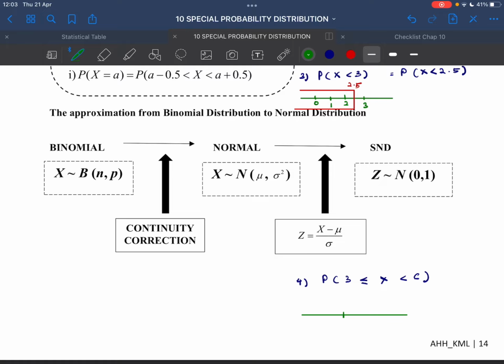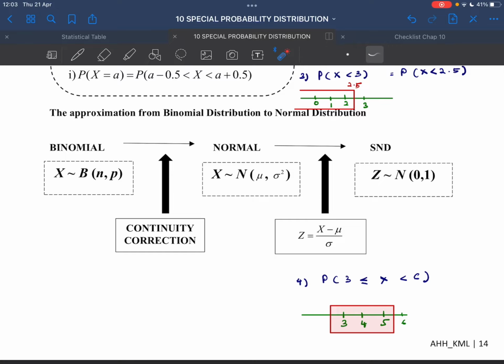What is inside the probability that you want? We want 3, 4, and 5, which is 6 is not included. So what we are going to do is make a box for what we want here. Okay, P(X between 3 and 6), 6 is not included, so you can just ignore the 6 here.